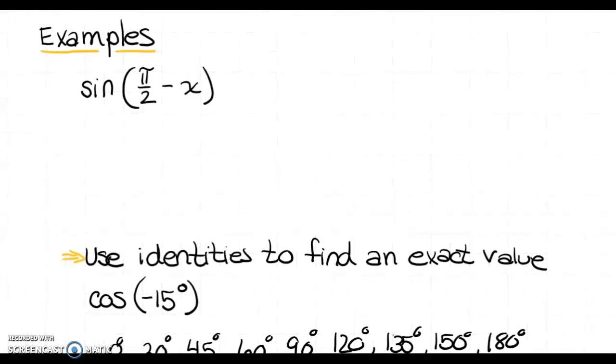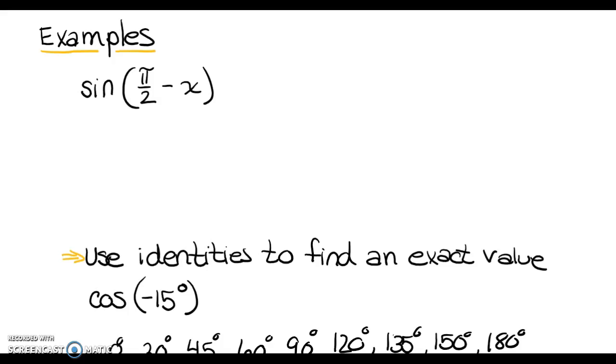All right. So in this example, we're just going to go ahead and use our sum and difference of cosine in order to simplify this a little bit more. Maybe find an exact value or something a little bit more simplified than what we have here. But this is not a cosine function.